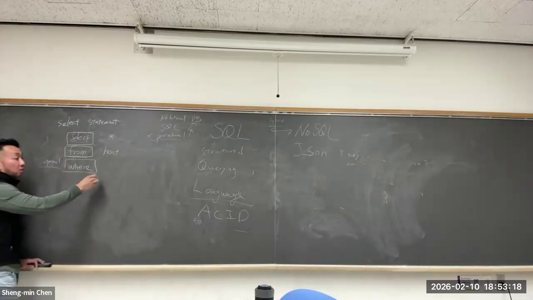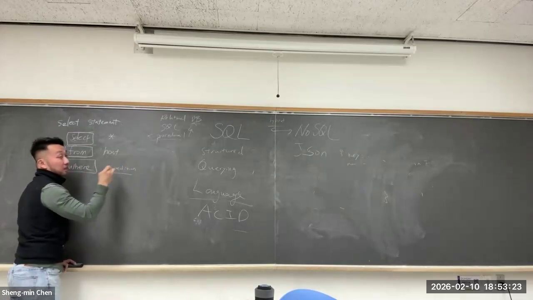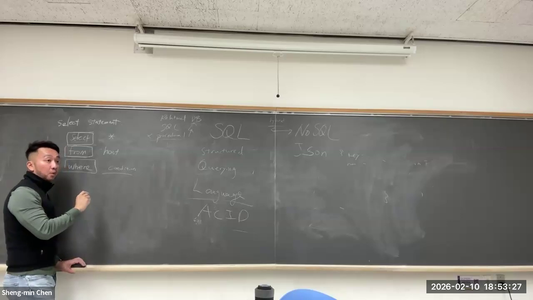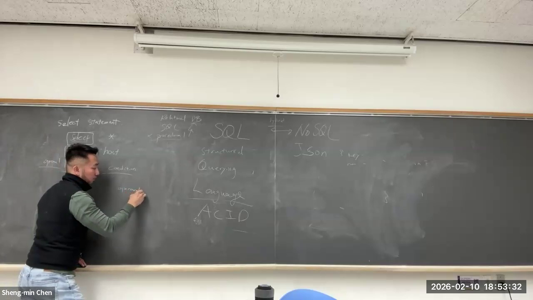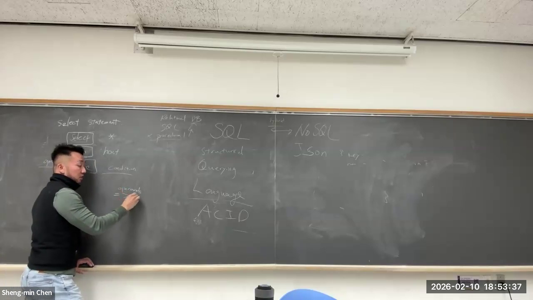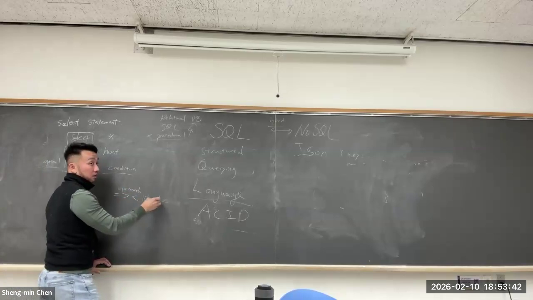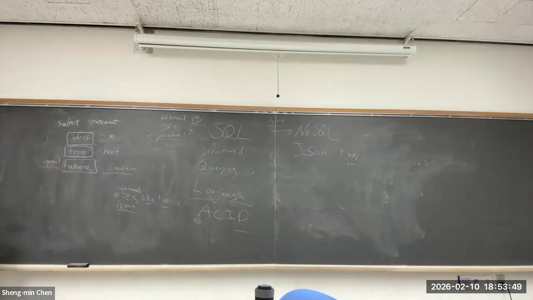So the where clause will be followed by conditions. And what are the conditions? Conditions use operands, such as equal, larger, smaller, like, not equal, is, not. These types of things, comparing operands.